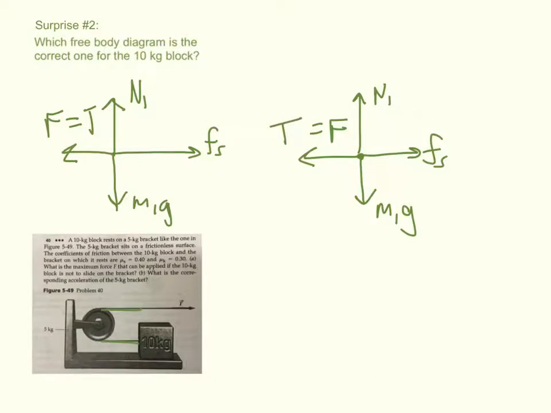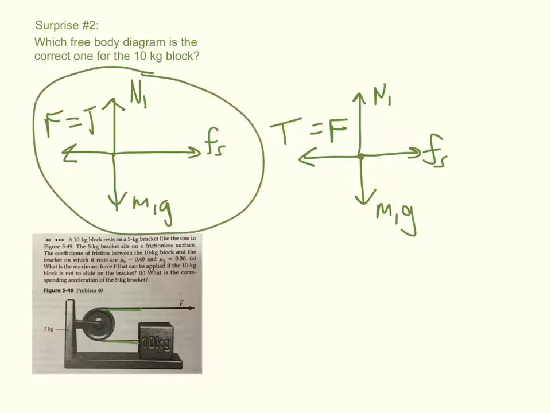My question to you is, which of these two free body diagrams is the correct one? This one on the left or this one on the right? Notice they're the same except for the amount of balance or lack thereof in the x direction. And the correct answer is that the one on the left is the correct one.